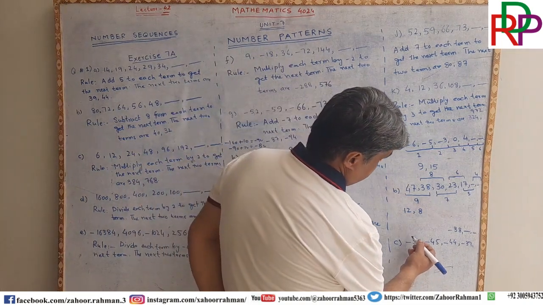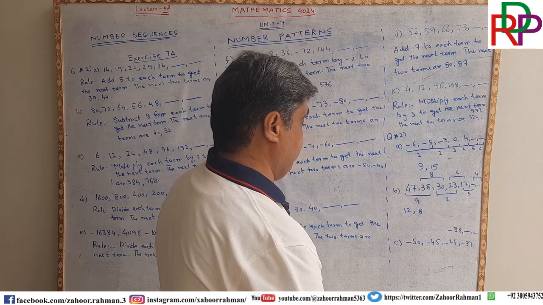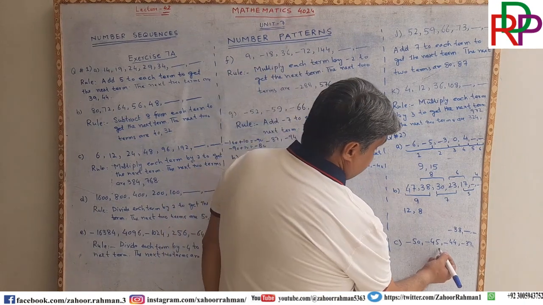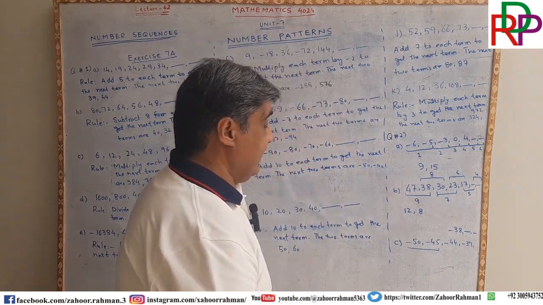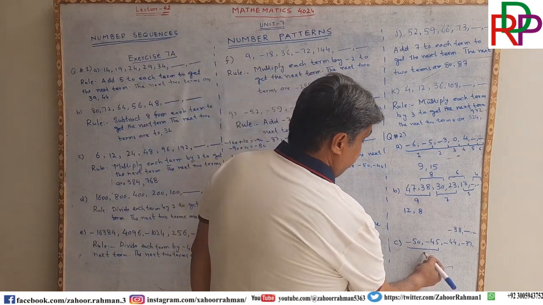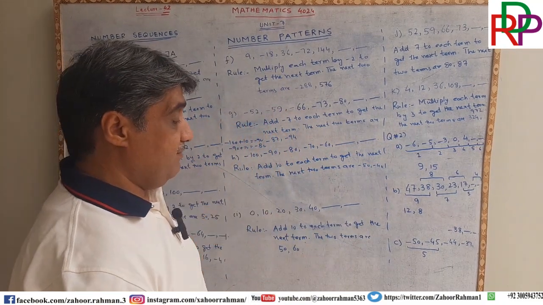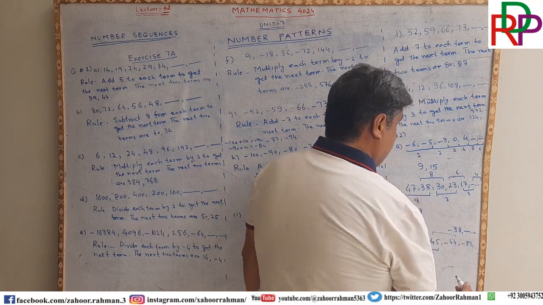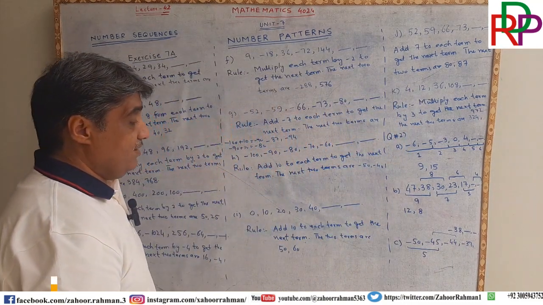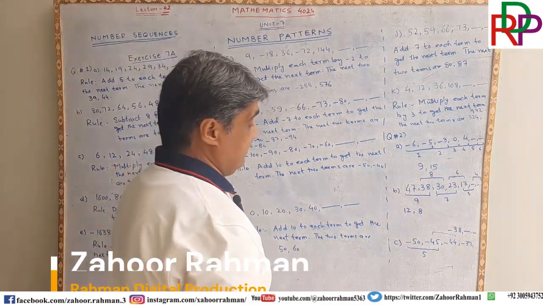Okay, the C part is minus 50 and minus 45. What is the difference between the two? We added 5 to minus 50 to get minus 45. And then we are getting minus 45 and minus 41.